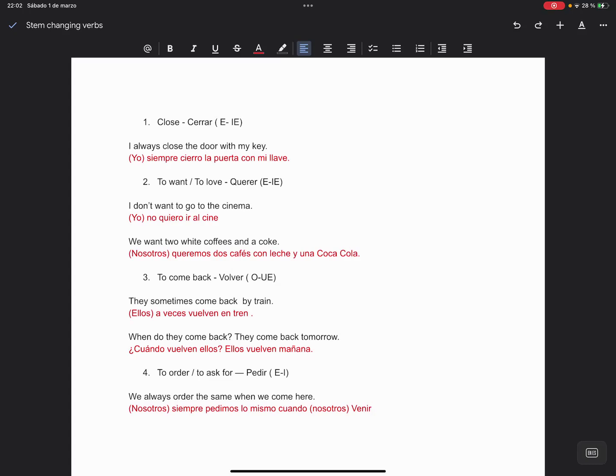So it only changes when it's first person singular. So being a we doesn't change. So cuando nosotros venimos aquí, with an I and an accent, aquí. Nosotros siempre pedimos lo mismo cuando nosotros venimos aquí, o siempre pedimos lo mismo cuando venimos aquí.